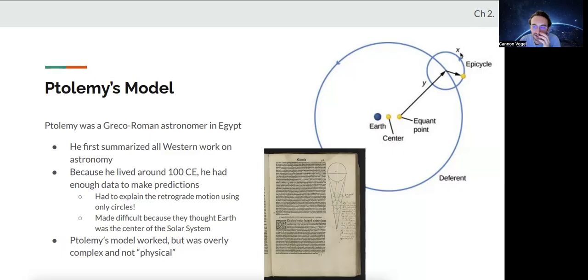You had to have all of these little mini orbits, which we call epicycles, that each had their own properties that had to be measured. And when you were doing calculations, it was very, very challenging to keep track of all of them to figure out where something would be in the night sky. So you can imagine it was quite nice to have this model, but it was also a bit of a curse. You had to get a lot of really smart people together in order to actually do anything with it.